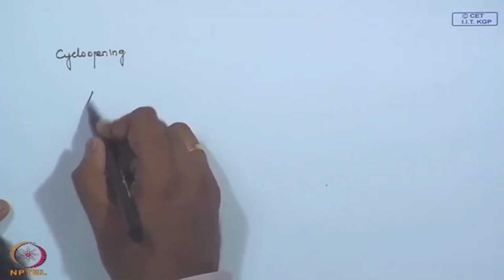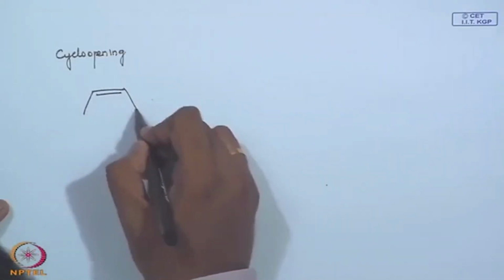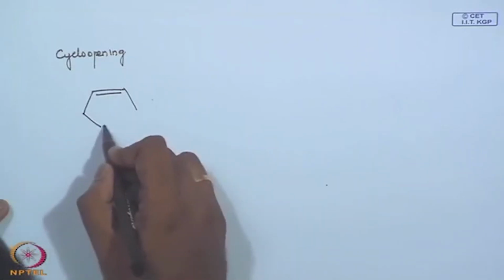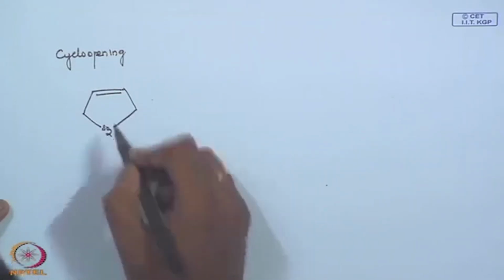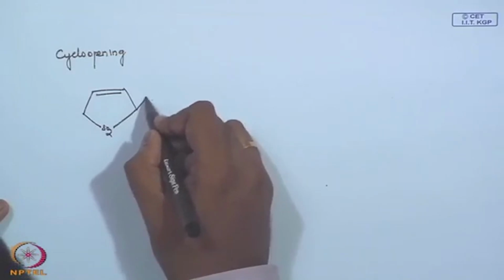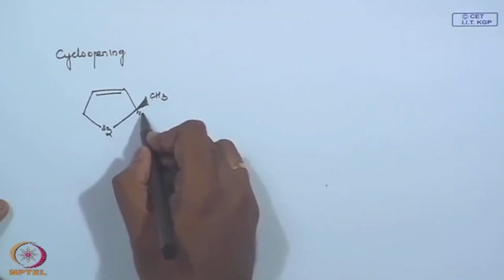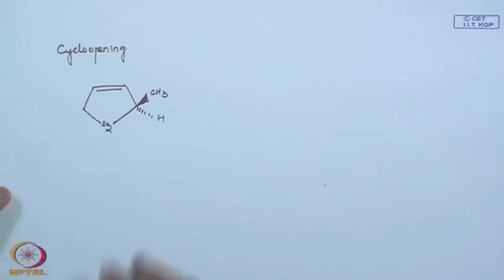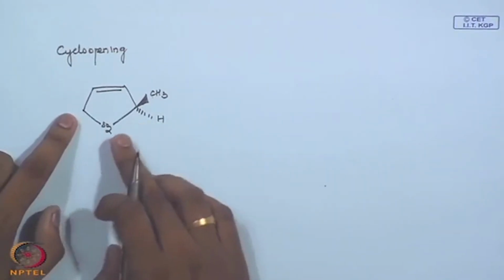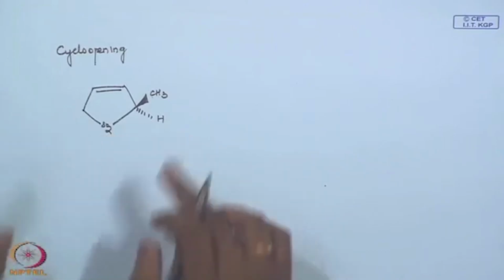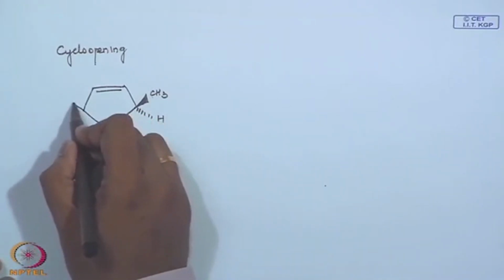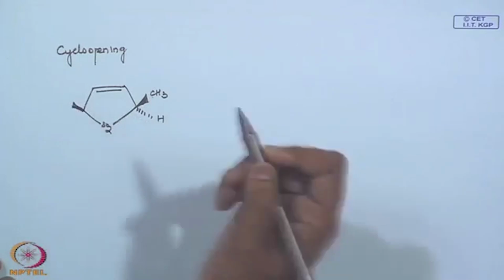So for example, I will take a system like this, sulfur dioxide, which we have studied. We have a methyl here. In the previous case I just took the diene and showed that sulfur dioxide goes off. Now I am slowly introducing the concept of stereochemistry into it.